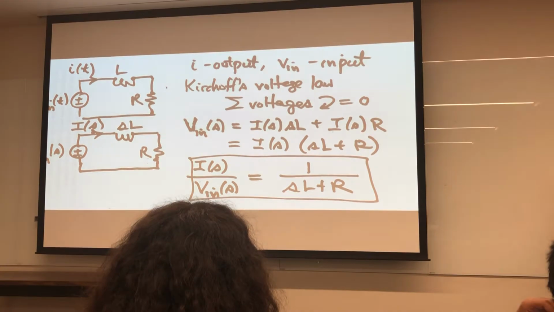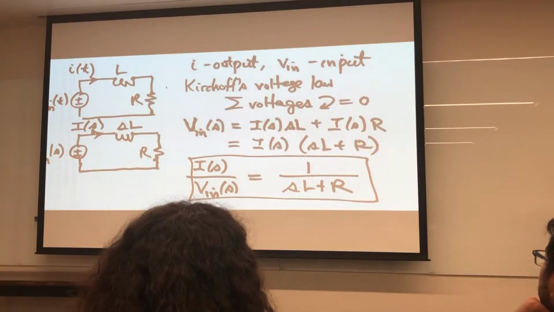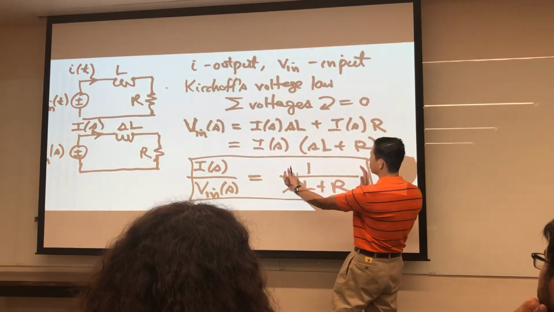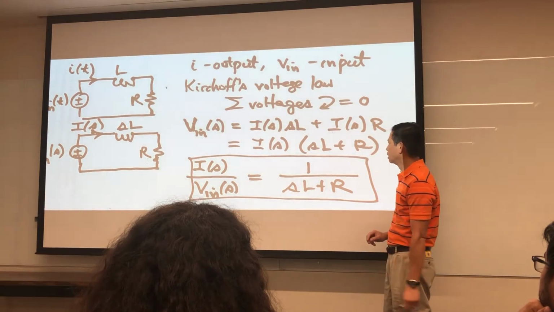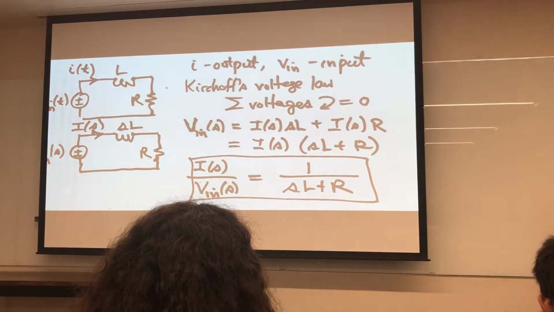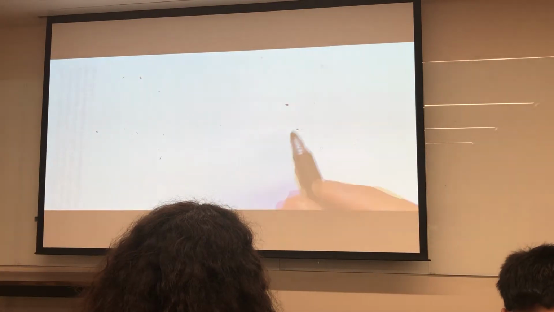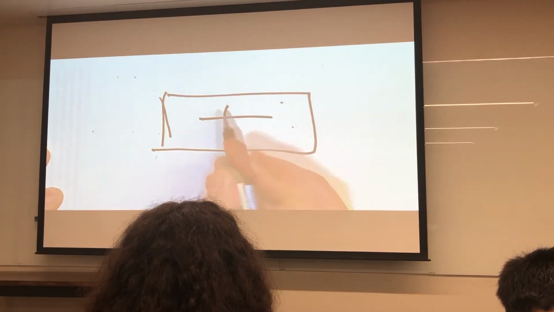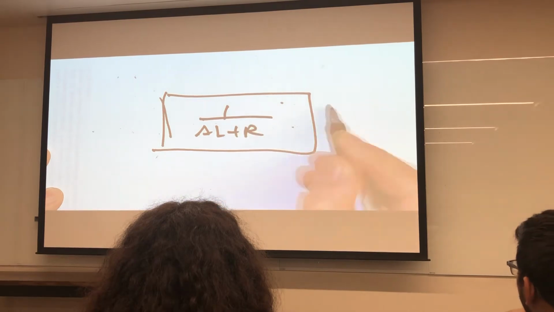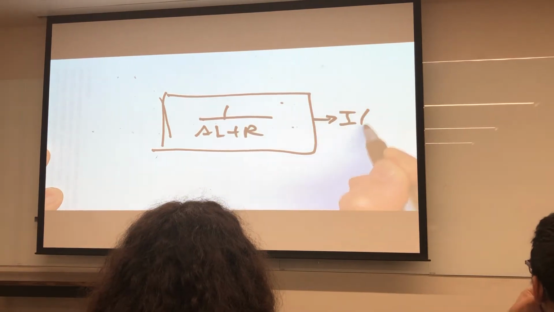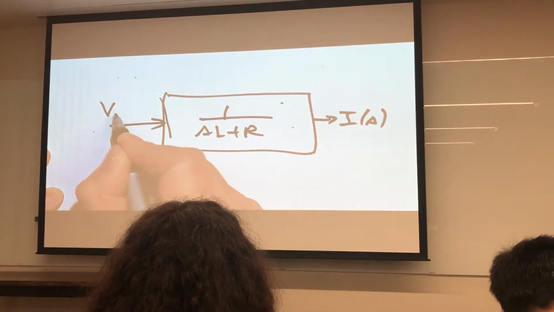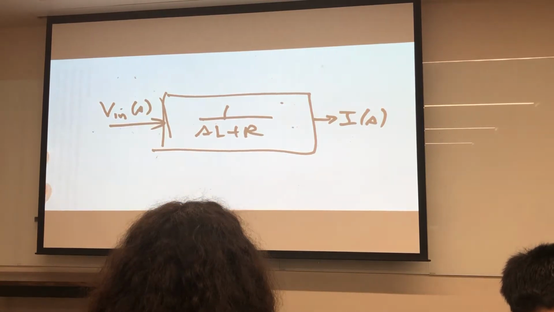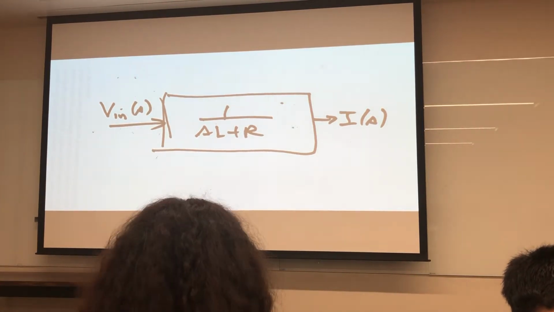Okay? Notice this transfer function. This is the model now. This is the model that we put in the box. We say the transfer function for this system is a box now. The model is sL plus R. The output is I of s, and the input is V_in of s. So this is the transfer function concept, and this is the model that we will put in.